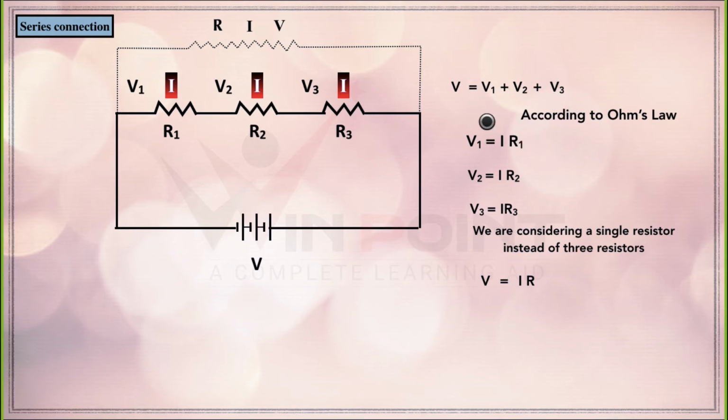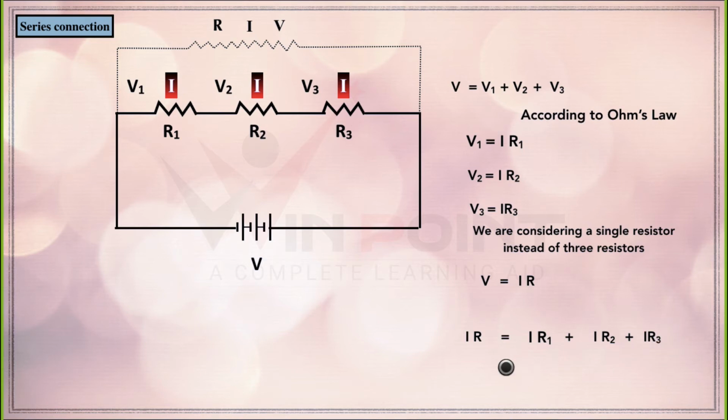Now we substitute all these values in this equation. Instead of V, we use IR; instead of V1, IR1; instead of V2, IR2; instead of V3, IR3. So what will be the new equation? IR equal to IR1 plus IR2 plus IR3.